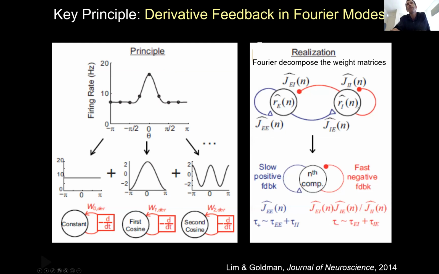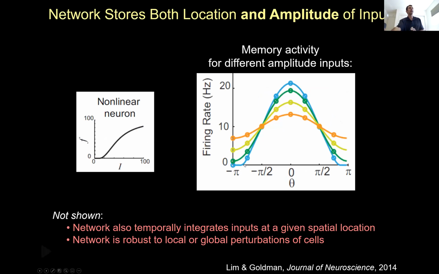Now we have the same balanced network that I showed previously, but the tuning that needs to be done is, again, slow positive feedback, fast negative feedback with a balance of the strengths of the connectivity within any Fourier mode. I should make clear that even though it uses a Fourier decomposition, it still works with nonlinear neurons.